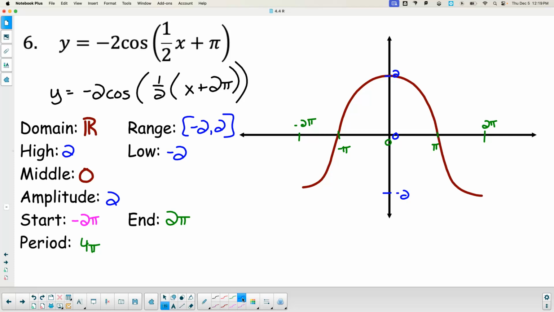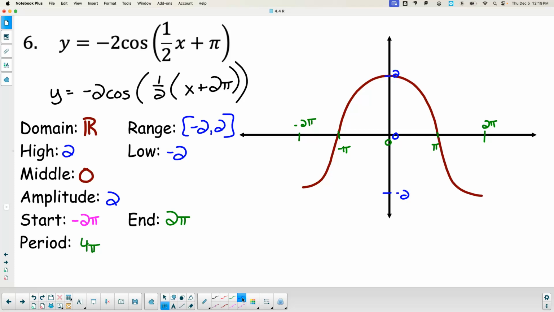And then 7, 8, 9, 10, and 11th, you got to have your start, your quarter, your half, your 3/4, and your end. So that's what we're going to be expecting on all of your graphs next Friday on your formative, 2 weeks on your summative. Any questions, comments, concerns, clarifications on this one?